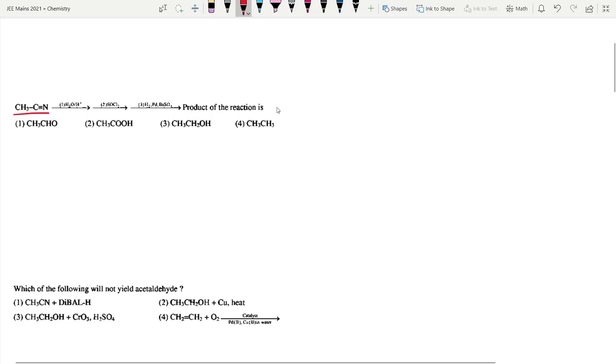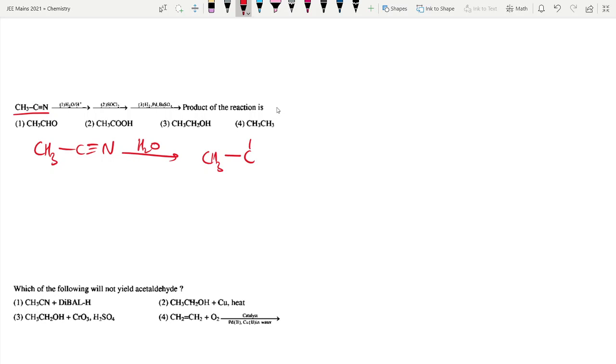Okay, cyanide. Cyanide is a dry amide. So if you do hydrolysis first, then you will get C double bond ONH2. 2 times hydrolysis. You will have to break these two bonds and add 2 times water with delta plus and delta minus.